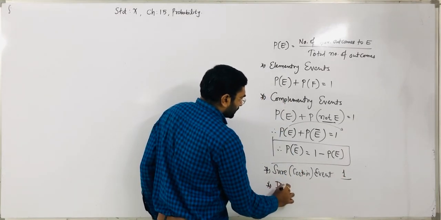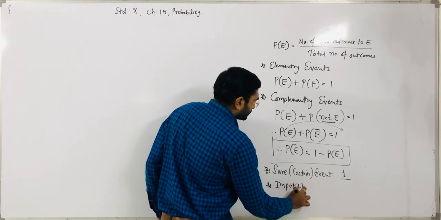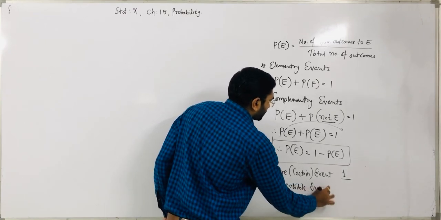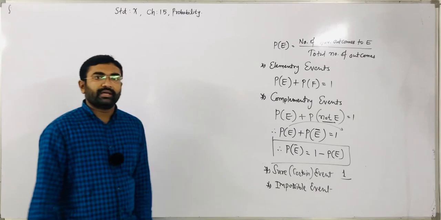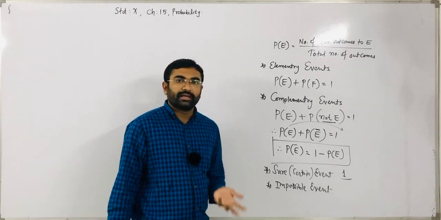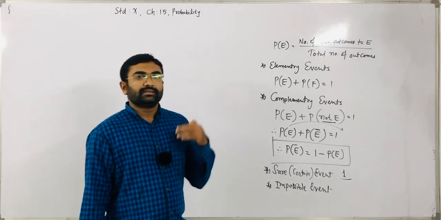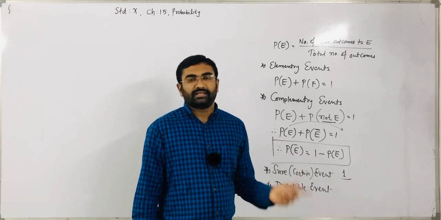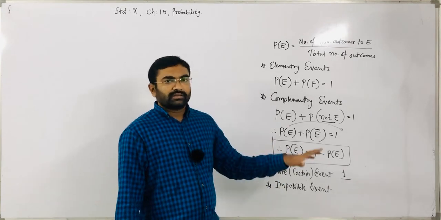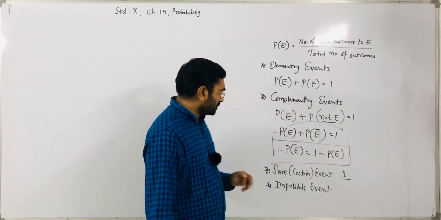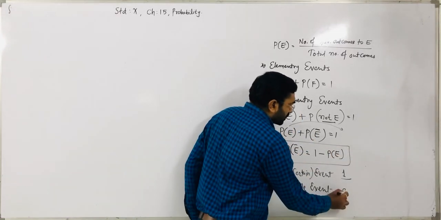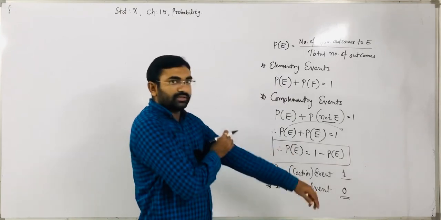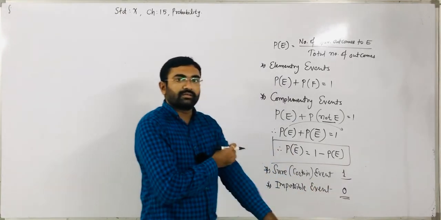Then the impossible event. Suppose I say the sun sets in the east. The sun never sets in the east; it always sets in the west. So this is an impossible event, and its probability is always represented by 0.